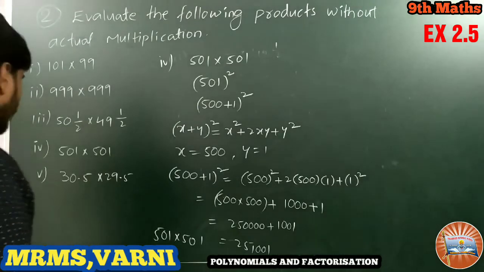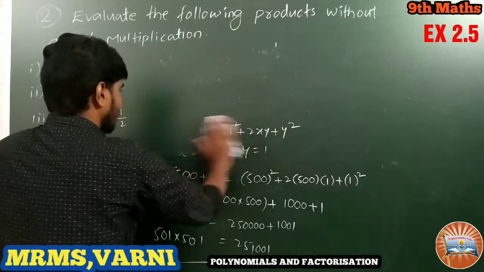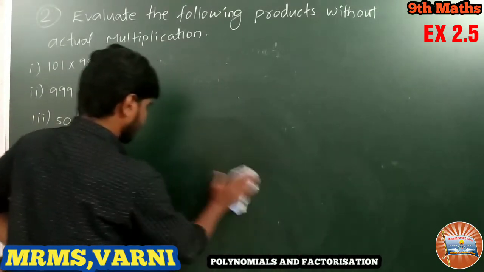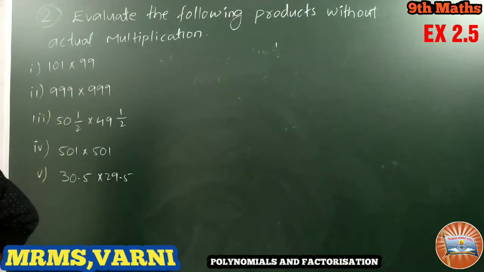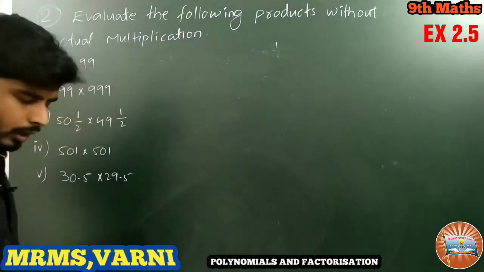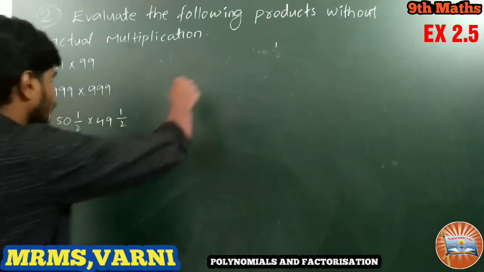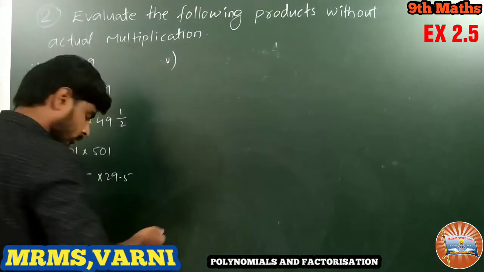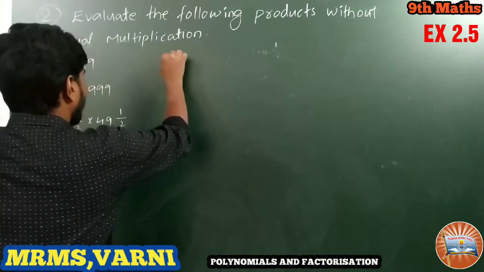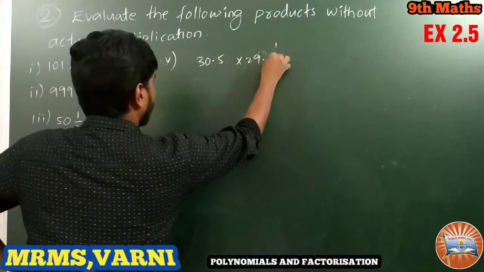Right. Next we go for problem number 5. Is it clear? So I am going to erase this. Right. Now problem number 5. So the given question is 30.5 into 29.5.